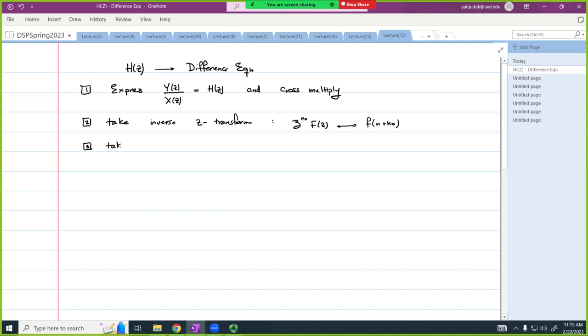We're going to perform time shift and rearrange. So we can get y of n equal the summation of ak y of n minus k plus the summation of bk multiplied by x of n minus k. Okay.